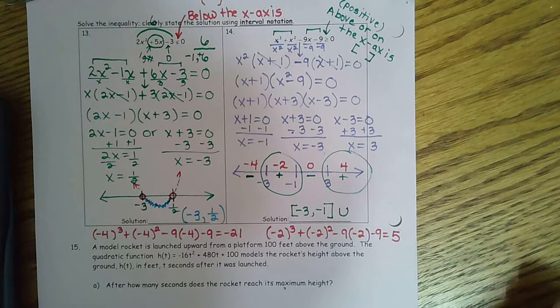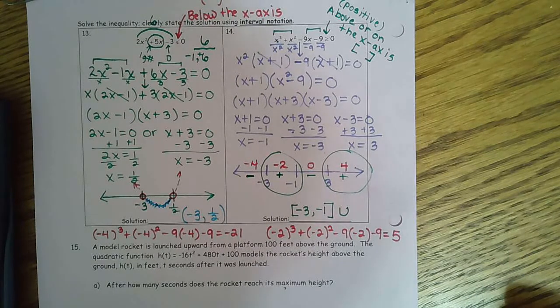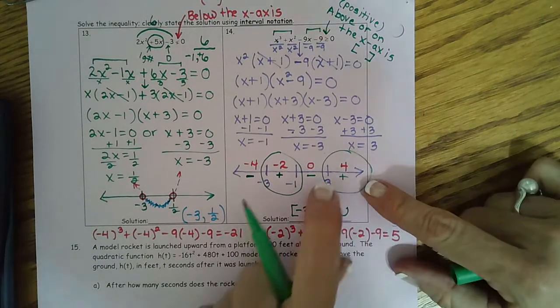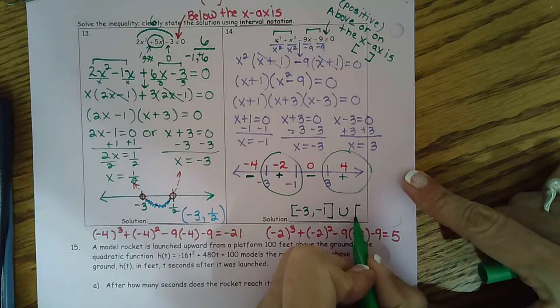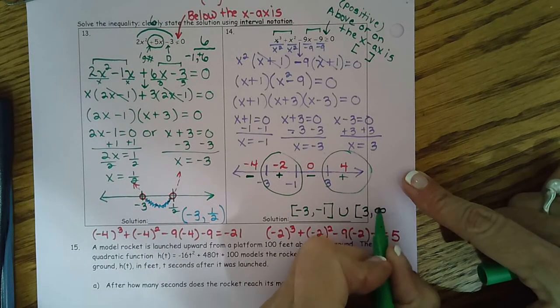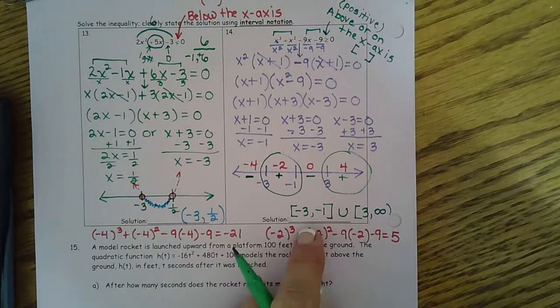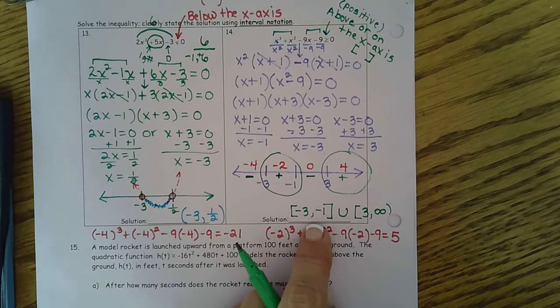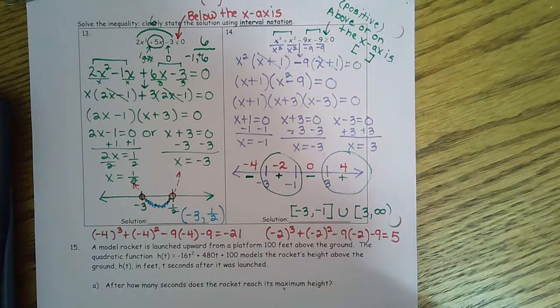That's not optional. And that's because there's two different intervals that are positive. This interval would be 3 to the end of the number line, which would be infinity. So -3 to -1 inclusive, united with 3 to infinity. And that would be our solution.